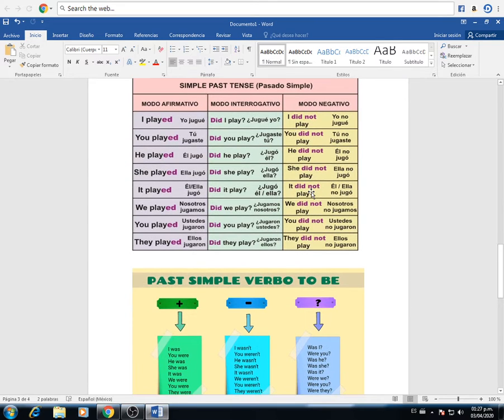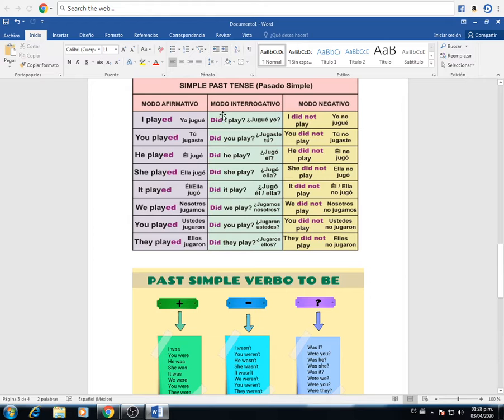Ahora aquí tenemos otro ejemplo de cómo realizar el pasado. We need to put a subject, the verb in past, and complement. This is an example with the verb play, regular verb. I played.